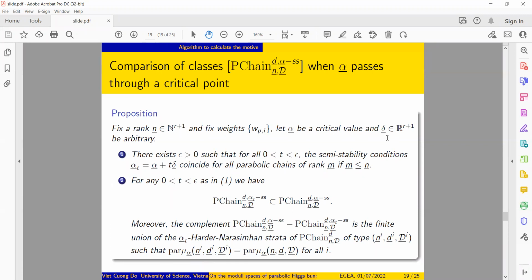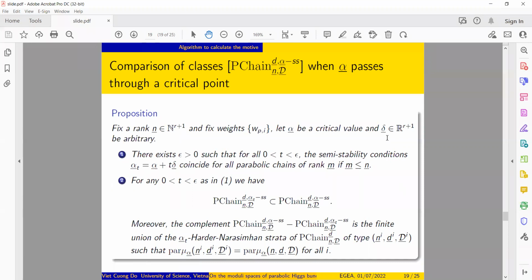So on this line we can cut the line into segments, and inside a segment the stability and the classes of Pareto chains don't change.